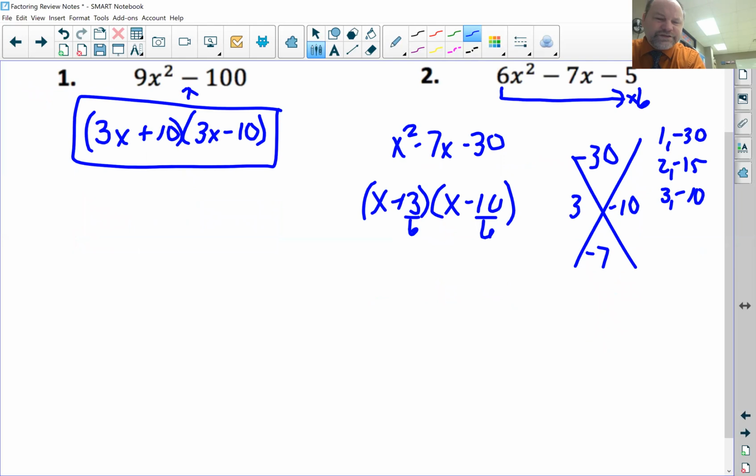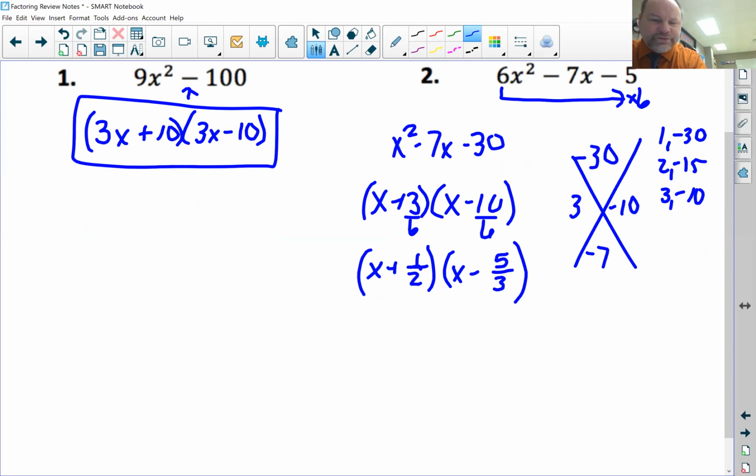3 over 6 is 1/2. 3 divides into both. 10 over 6, a 2 is a common factor. We get 5 over 3. If I divided 1 over 2, I wouldn't get an integer. I get 0.5. So that's not going to happen.